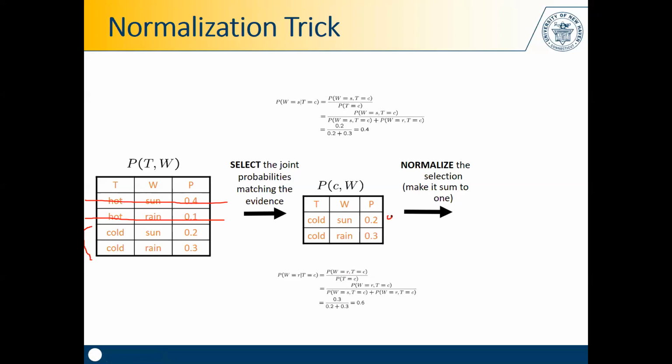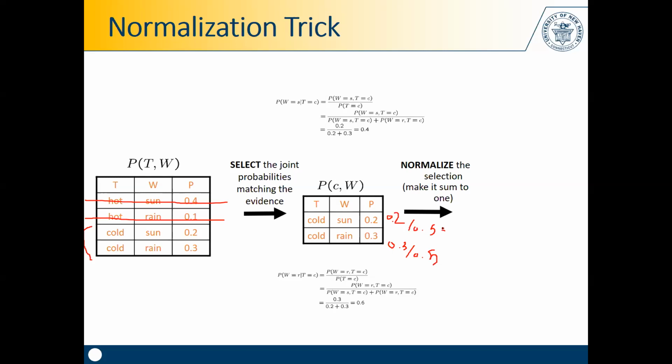So it's going to be 0.2 divided by their sum, which is 0.5, and 0.3 divided by their sum, which is 0.5. What does this give us?